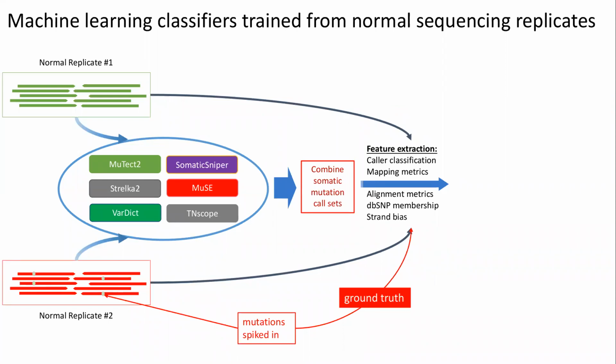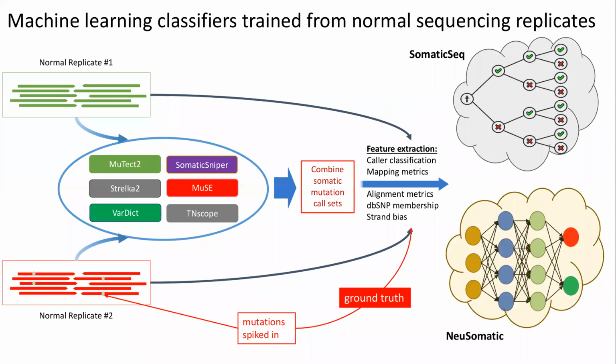Then all those features and the labels will be fed into a classifier, two classifiers here. One is the SomaticSeq machine learning algorithm. The other one is NeuSomatic. And for SomaticSeq, we actually create a different model for every sequencing center and every aligner, in a way, so it will learn the sequencing errors and maybe the sequencing biases from every single sequencing center, and then we will apply that to the data that came out of that same sequencing center.